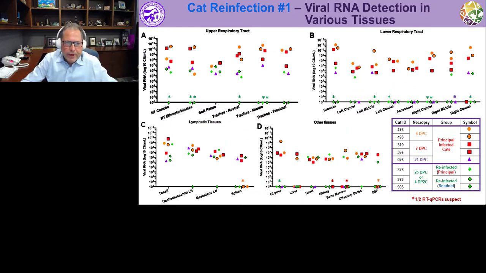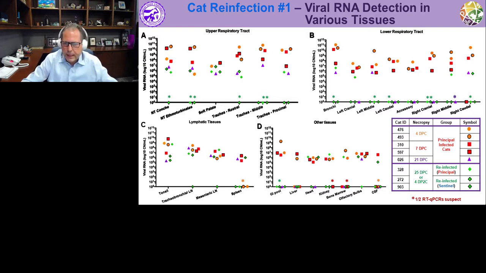We also looked at various tissues, similarly as with our primary infection. This is the upper respiratory tract, and as you see here, in many of these animals sacrificed on day 4 post-reinfection, or 4-DP2C, and many of the tissues of these animals in the upper respiratory tract, we still found RNA after reinfection.